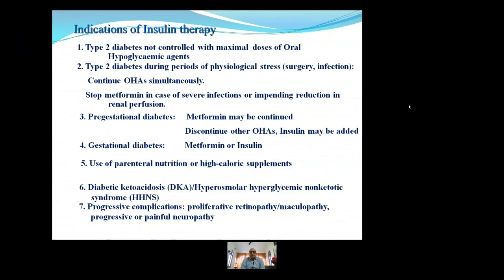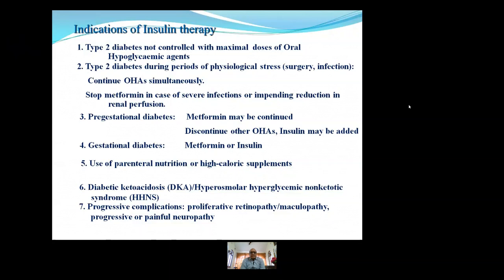Second, type 2 diabetes during periods of physiological stress: surgery, infection. Continue oral hypoglycemic agent simultaneously. Stop metformin in case of severe infection or impending reduction in renal perfusion.